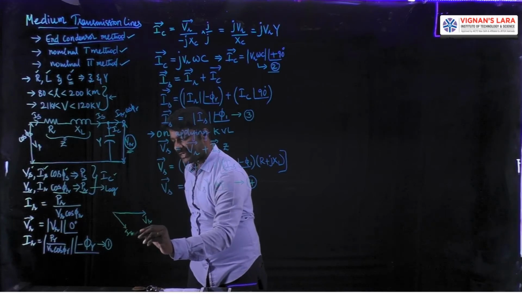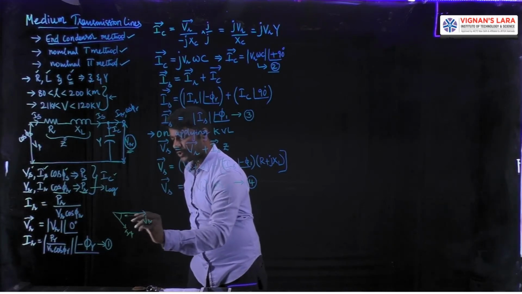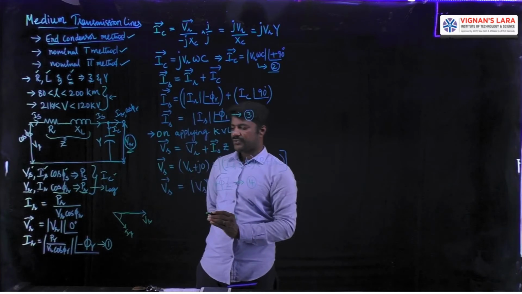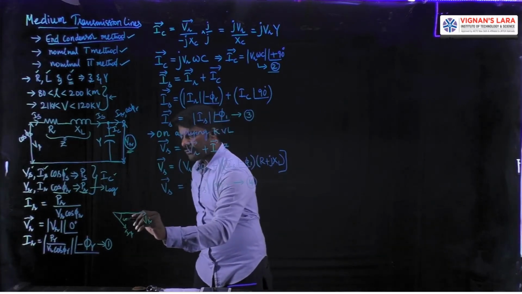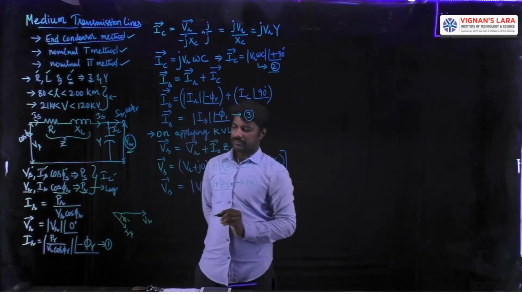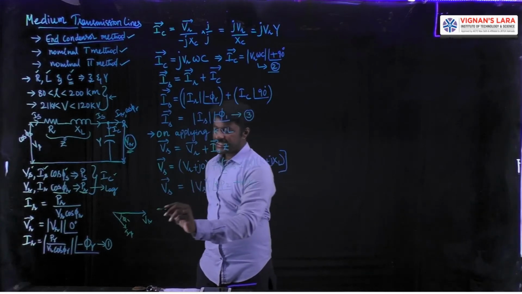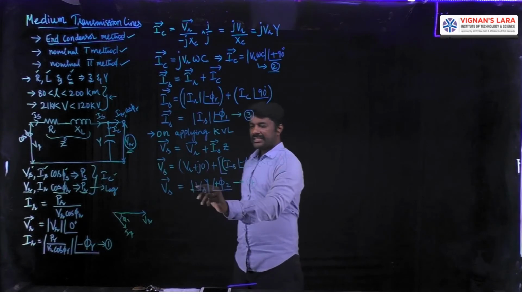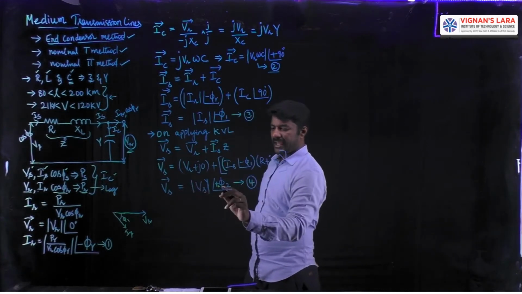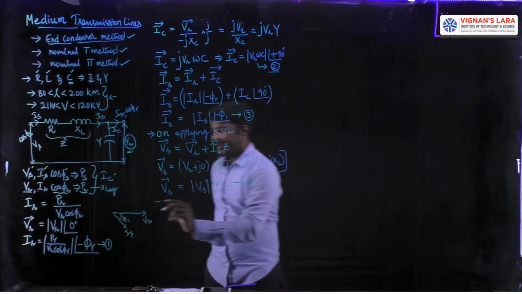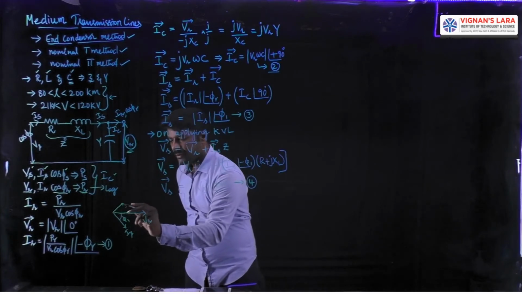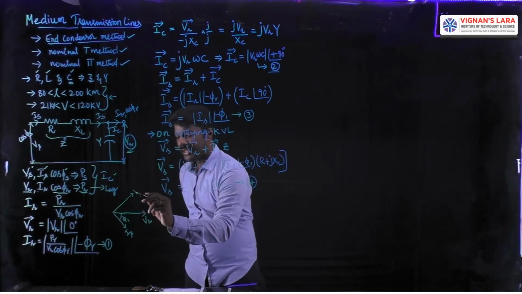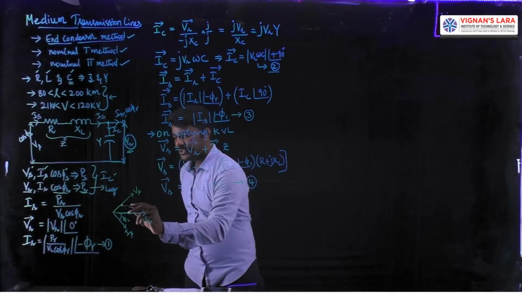Yes, this is the current IS lagging, so represented towards the backside of this VR by an angle of phi 1. Okay, and to the same reference of this VR, as per equation 4, the Vs is a leading quantity by an angle of phi 2. Then I have to represent here in the first quadrant as Vs, which makes an angle of phi 2 leading.